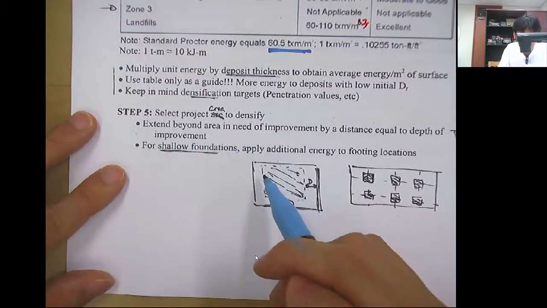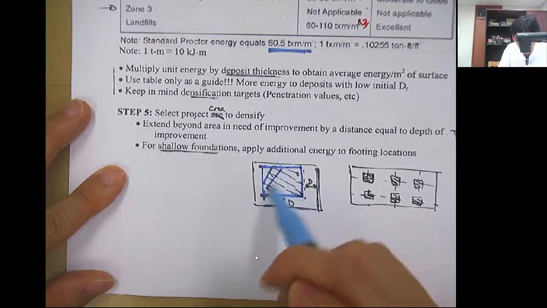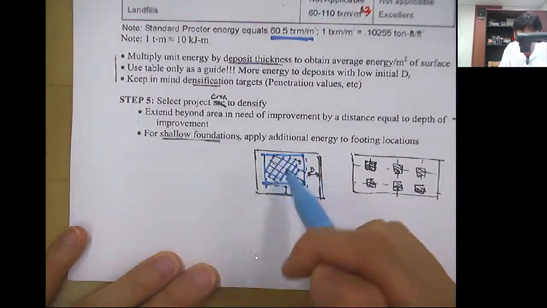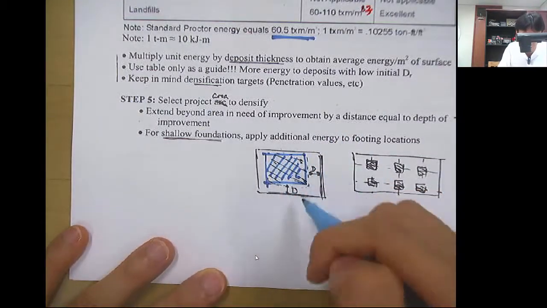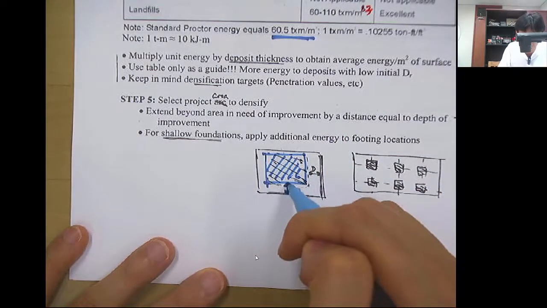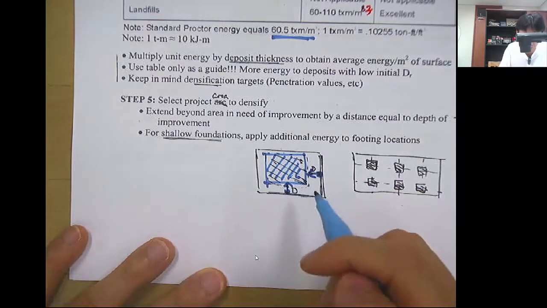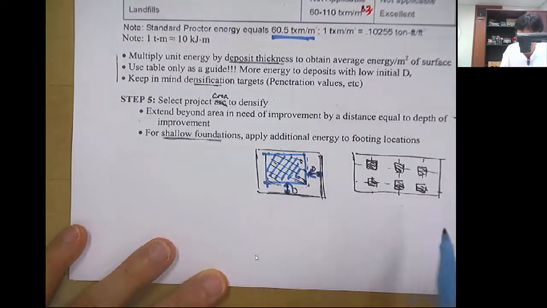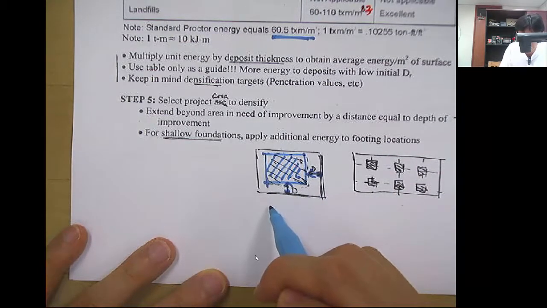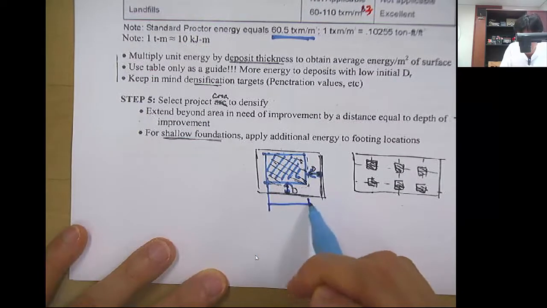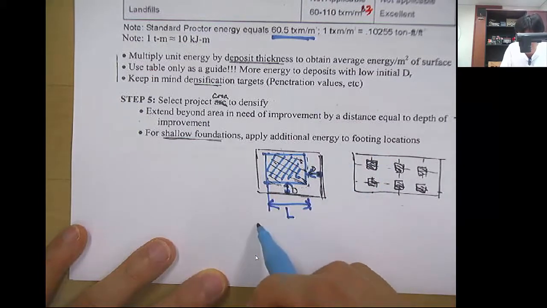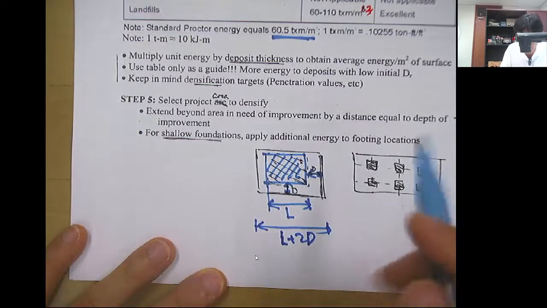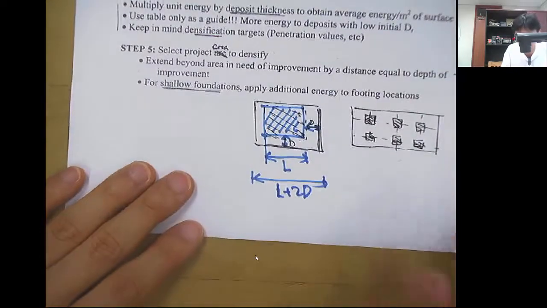So if the area is like this hashed sheet, your target area to densify is this hashed area, then you extend for the DCC technique to be applied by a distance equal to the effective depth. So if the target area has length L, then you will apply the deep dynamic compaction method for L plus 2D.